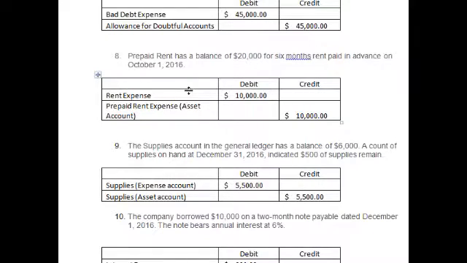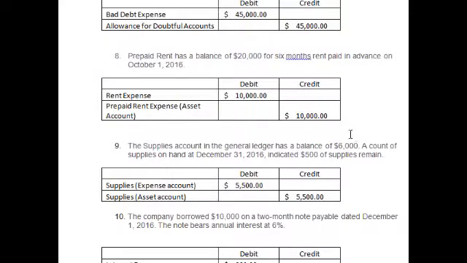So 20,000 was for 6 months, and only 3 months has passed since we paid that prepaid expense. So 3 months is worth 10,000. So we're going to capture only 10,000 as an expense, and the remaining should just stay as prepaid rent, which is an asset account.